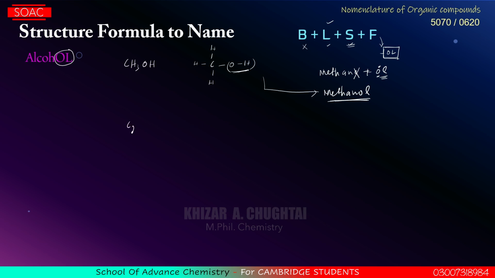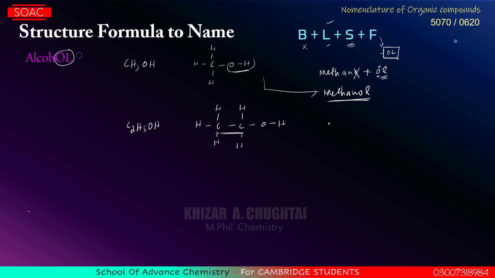The 2 carbon alcohol is C2H5OH, and here is its displayed formula. As it has 2 carbon atoms, less than 4, there is no need to check the longest chain.